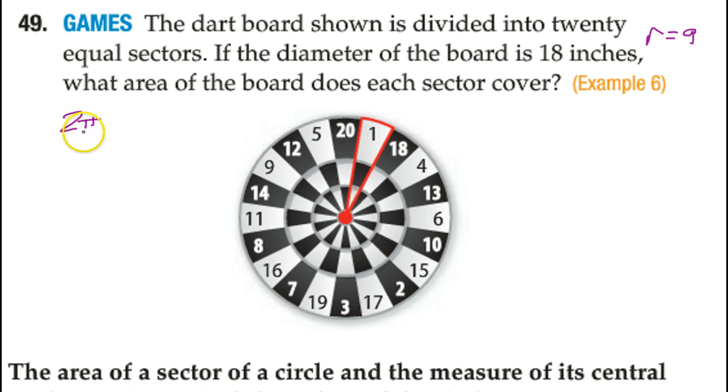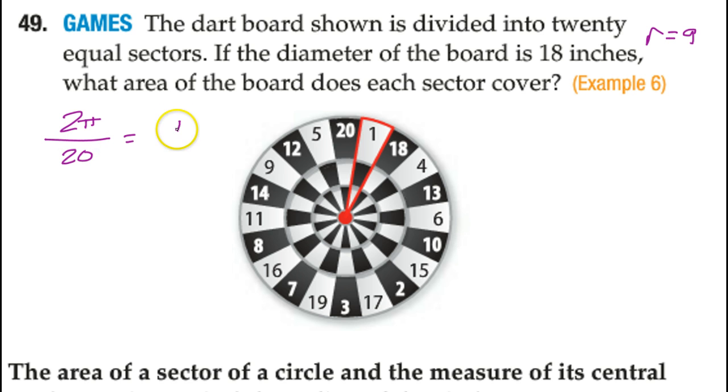So this is 2 pi radians, but it's been divided into 20 little slices. So if I want to find the angle measure of just one, I need to take the entire circle and divide by 20.